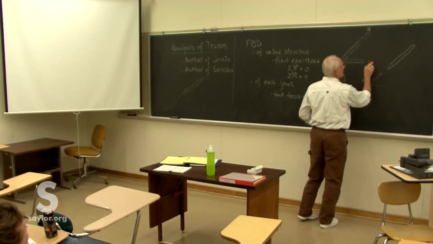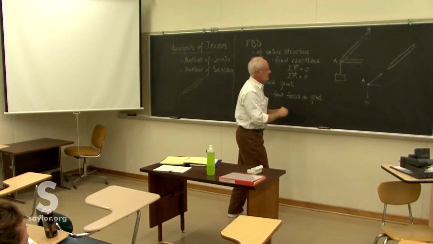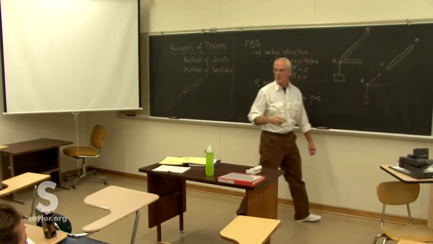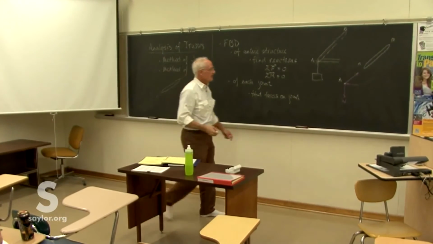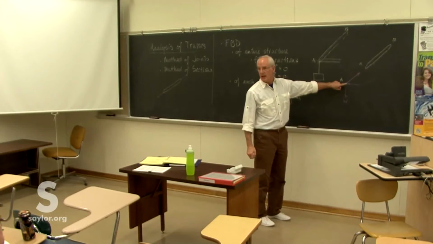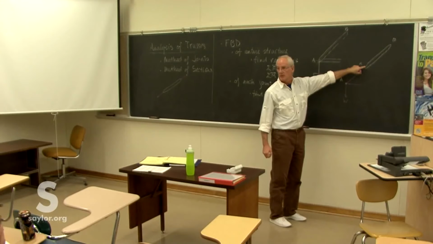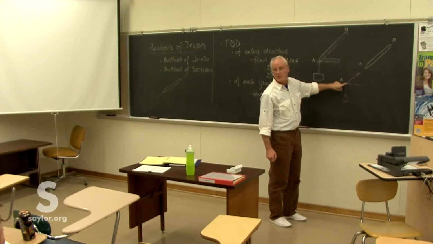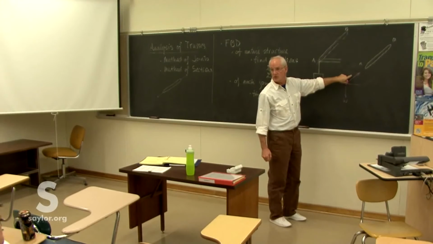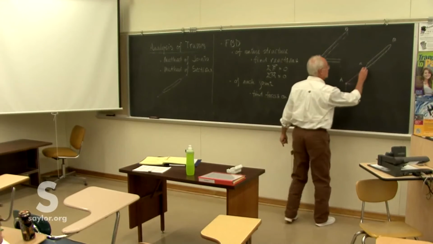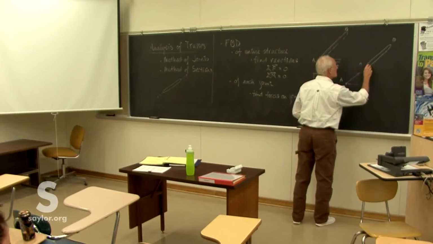Let me just give myself a little room here. So that's the member AB then. And we now know what forces are on it. If it's pulling on joint A, then what's joint A doing to that member? If the member is pulling on point A, which it must do to exert that kind of force, then joint A must be pulling back as a reaction, equal and opposite reactions.